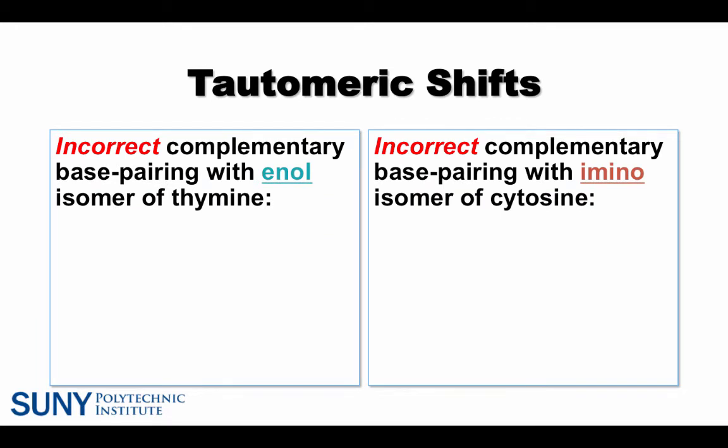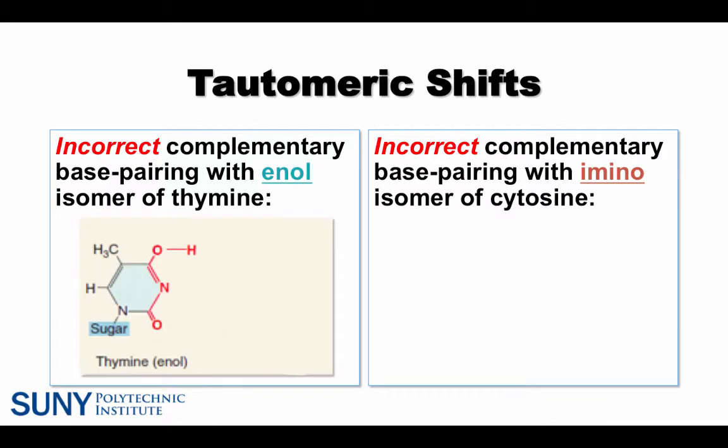So what's the relevance of this? In all of the above-mentioned scenarios, the tautomeric shift of these bases will result in improper base pairing during DNA replication. So during DNA replication, the presence of the alternate isomers of these bases results in the wrong purine being base paired with its respective pyrimidine, and vice versa.